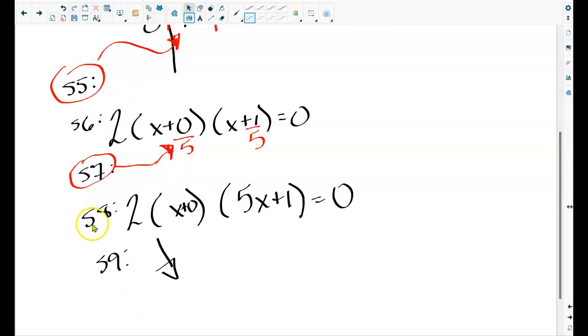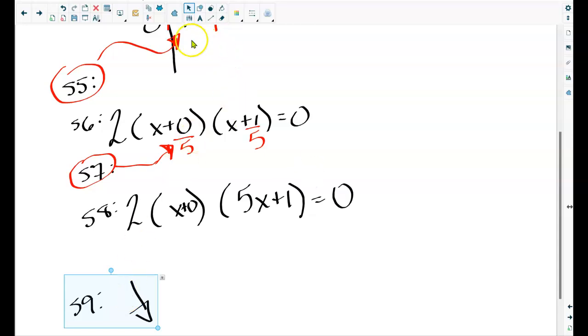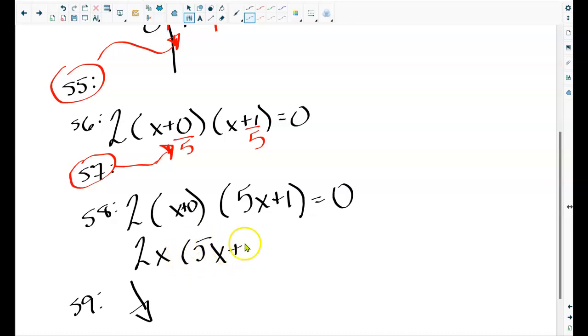Just to avoid a silly mistake, again, x plus 0 is just x, so you might actually see it like this, or like that. Don't forget the algebra you already know.